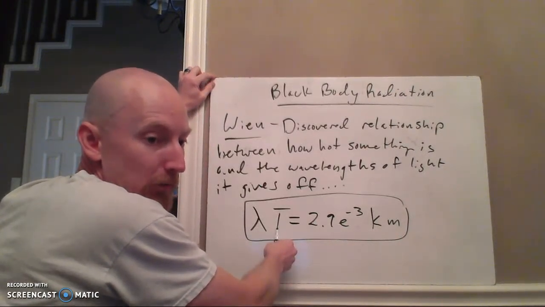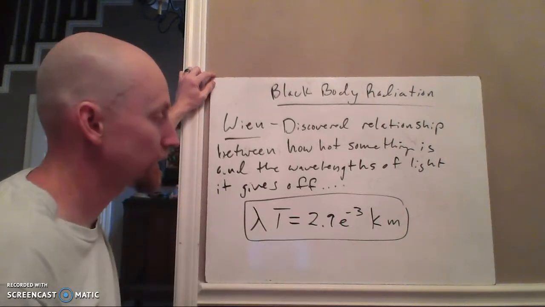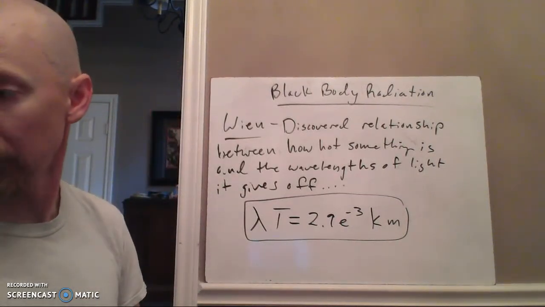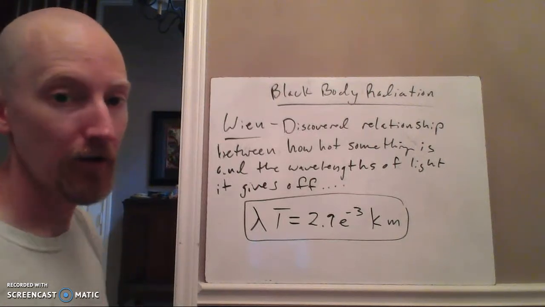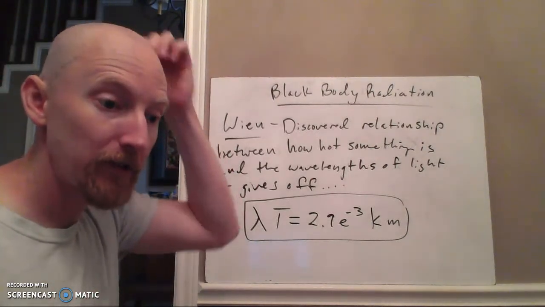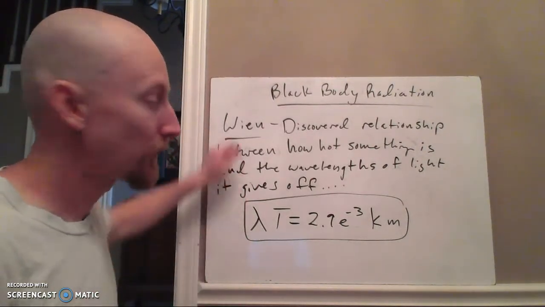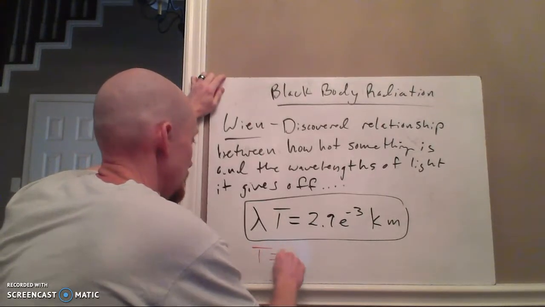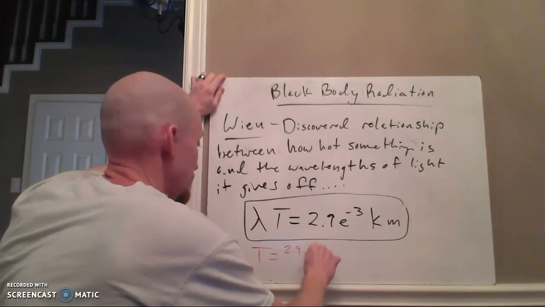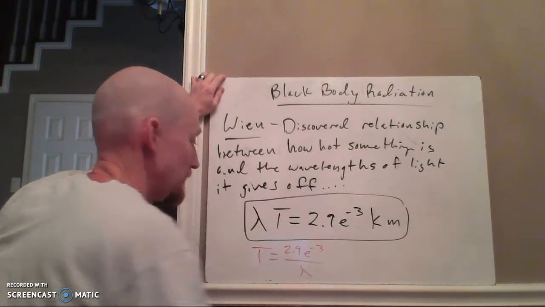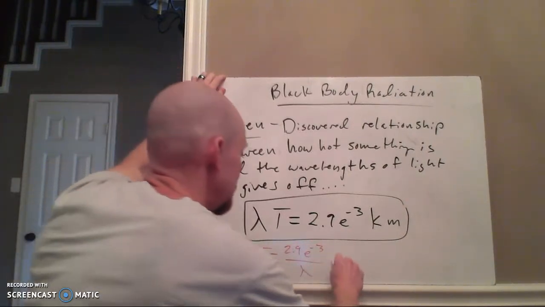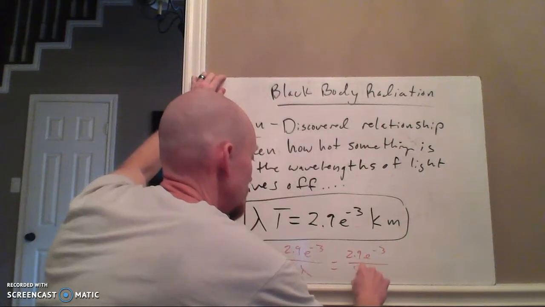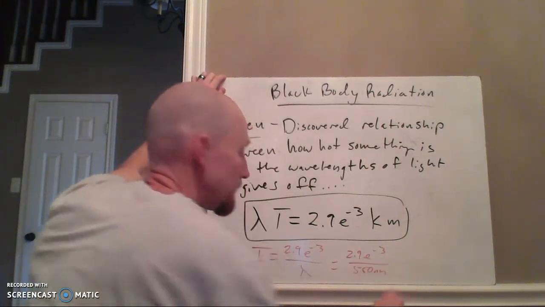And so what we can do here is fiddle around with this. Like before, we said that our star has a wavelength of about 550 nanometers, right? And so if I solve for T, I can do this: 2.9 e negative 3 divided by the wavelength, which is 550 nanometers.